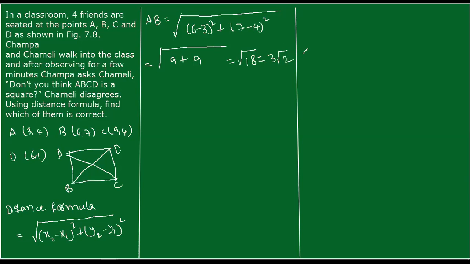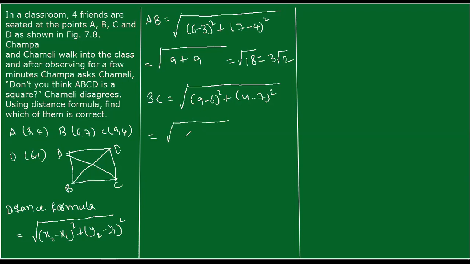Okay, now let me find BC. B point becomes x1, y1 and C point becomes x2, y2. So applying the formula directly, here 9 minus 6 and 4 minus 7 whole square.